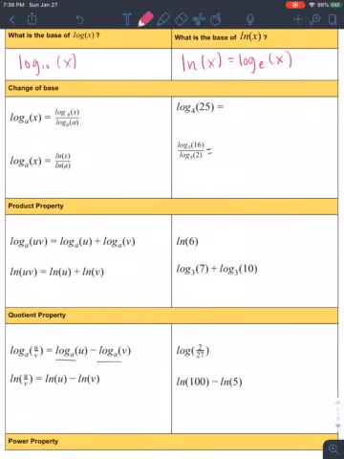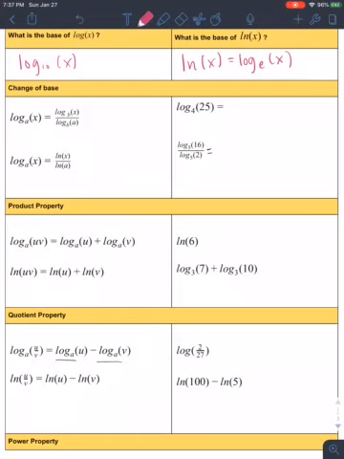So first we're going to use change of base. This is used like when you couldn't put a base value into your calculator a long time ago, and that's not a reality anymore. But sometimes we need this to simplify an equation.